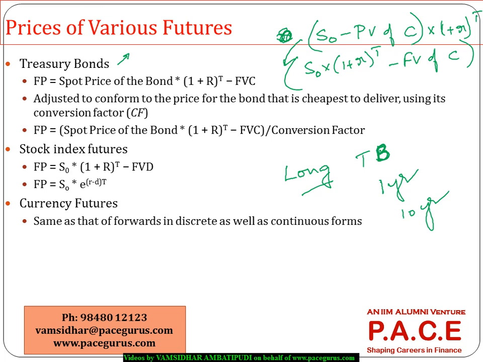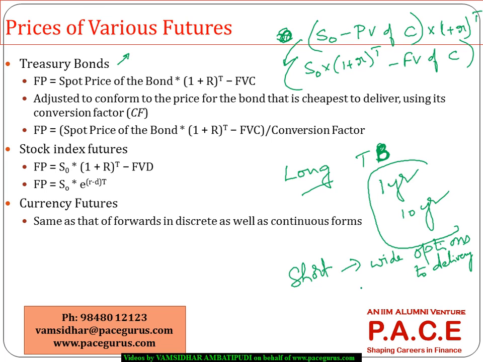Now what is happening is, whenever we use the word treasury bond, it gives the short a wide variety of options to deliver, because all are treasury bonds. The treasury bonds exist with different coupons and different maturities.